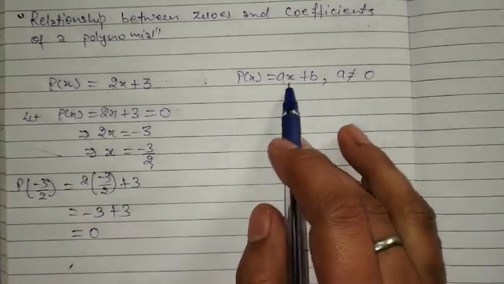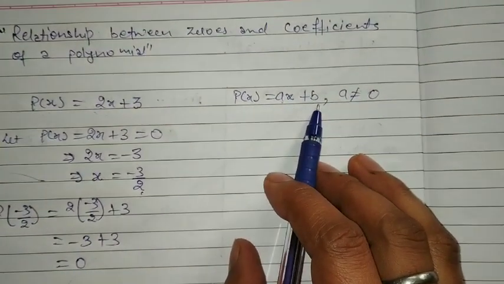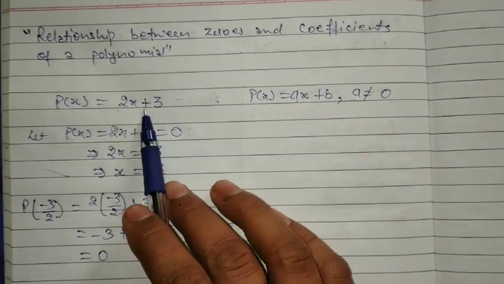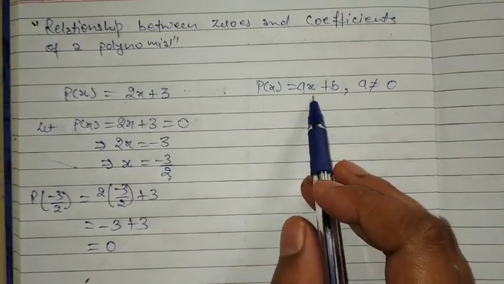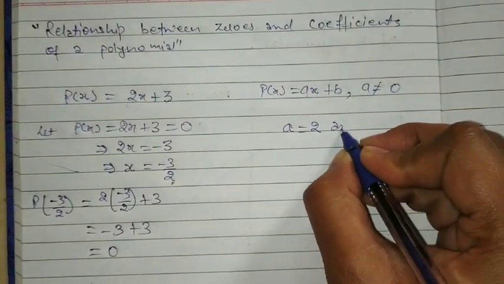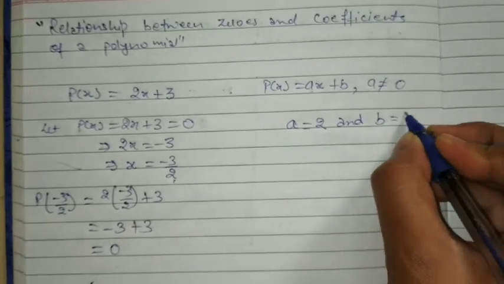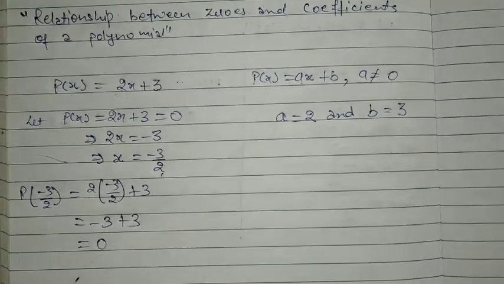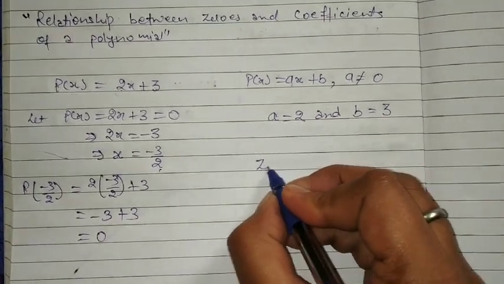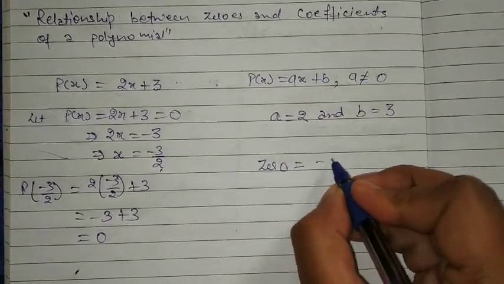Now, here we have the standard form of a linear polynomial, that is ax plus b where a is not equal to 0. Comparing this linear polynomial with the standard form, we get a equals 2 and b equals 3. Now, what was the zero of this polynomial?